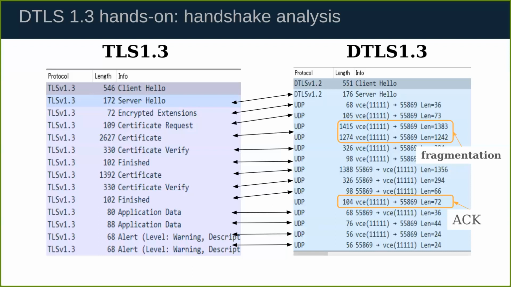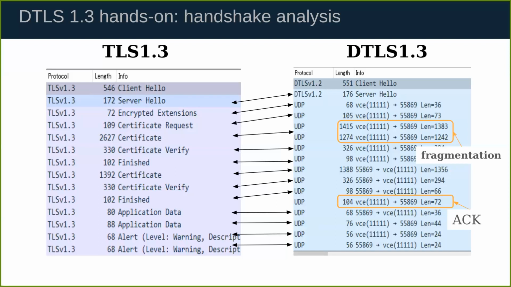So this is a comparison between the TLS 1.3 and DTLS 1.3 capture. We can see it's basically one-to-one because DTLS builds on top of TLS. We can see fragmentation of the certificate message because we want to fit inside the MTU, which for UDP we're assuming is 1,500 bytes.